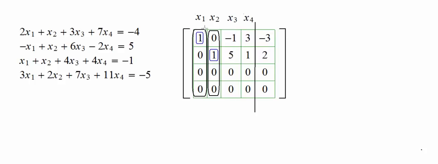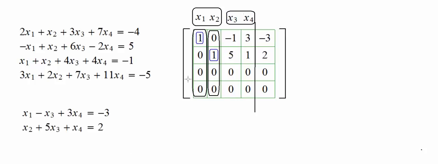And since these two are the pivot columns, these become our basic variables, right? And x3 and x4 are the free variables, okay?